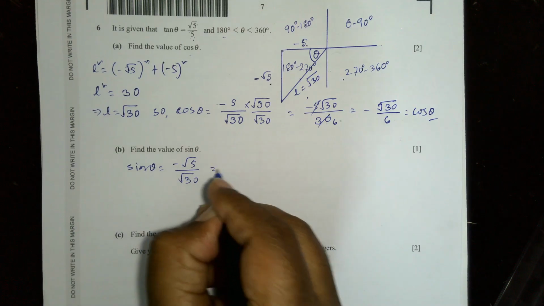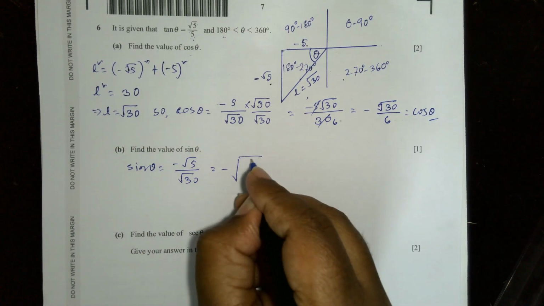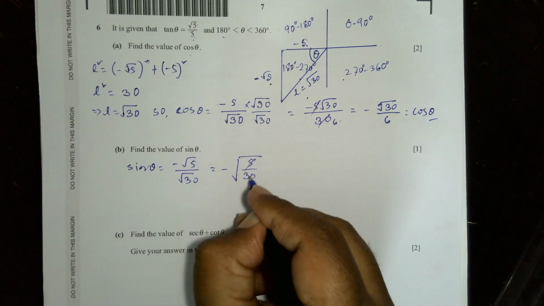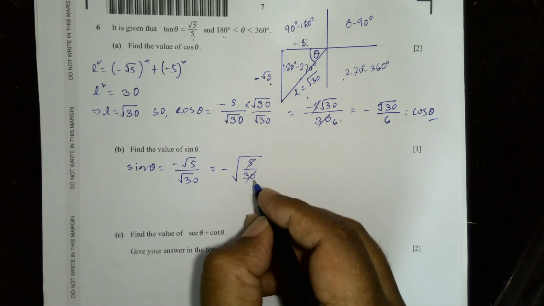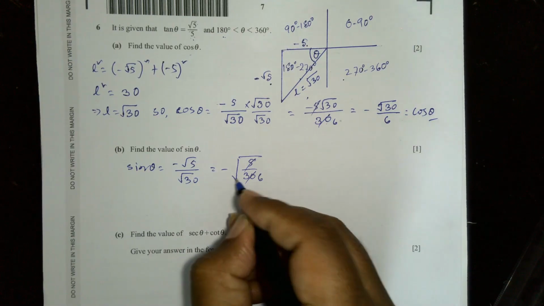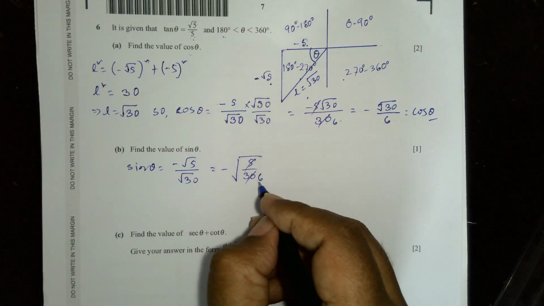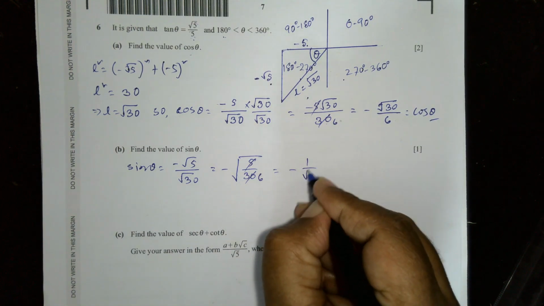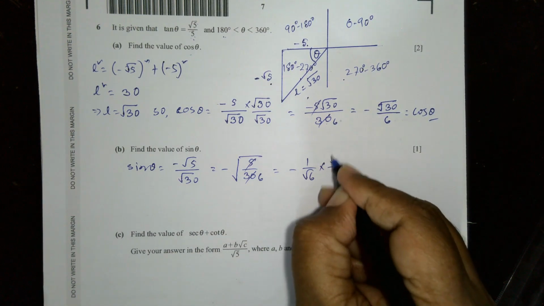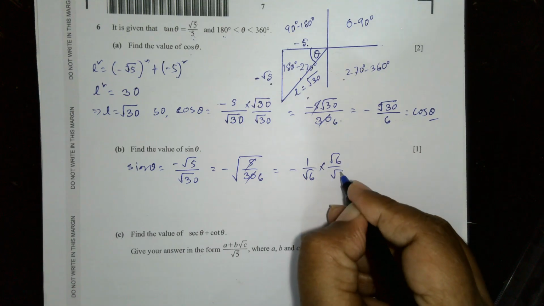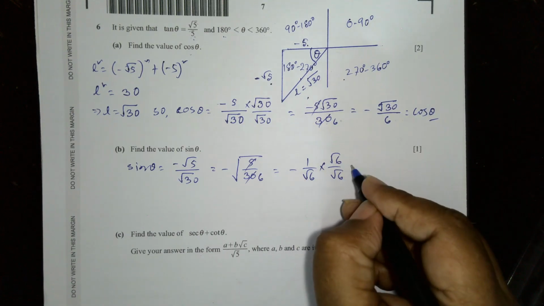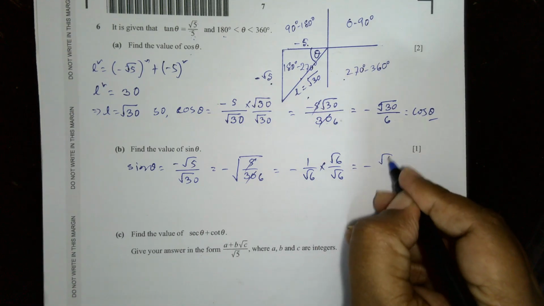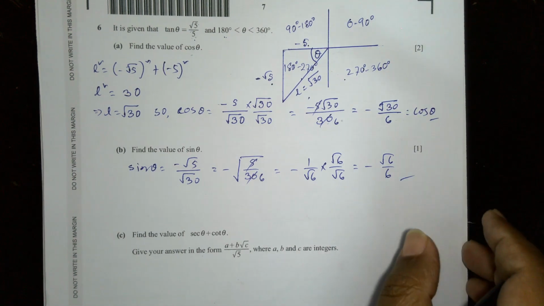That can be written, keeping the minus outside, as square root of 5 over 30, which is minus 1 over square root 6. If you want to rationalize, I can multiply square root 6 in the numerator and the denominator, and I will get finally minus square root 6 over 6.